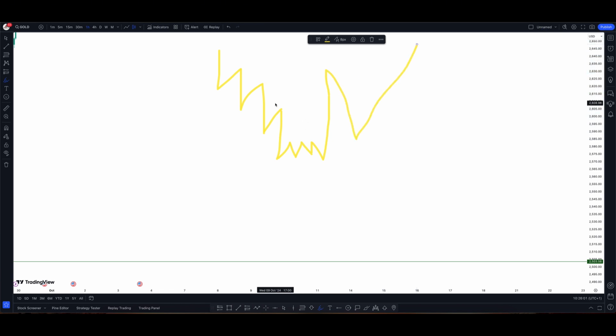So this is the first resistance and this is the second resistance. This is the S here, this is the support, this is the first R, and this is the second R.